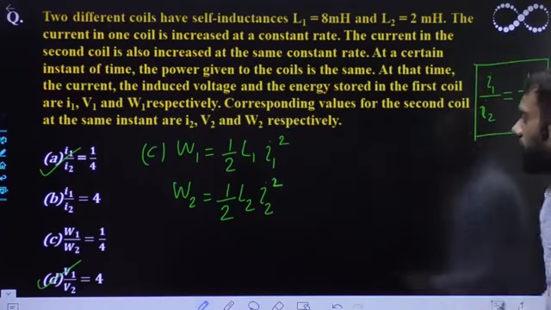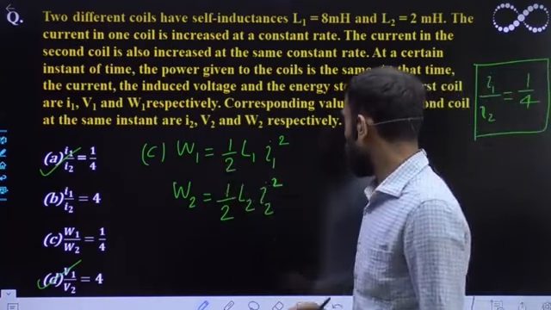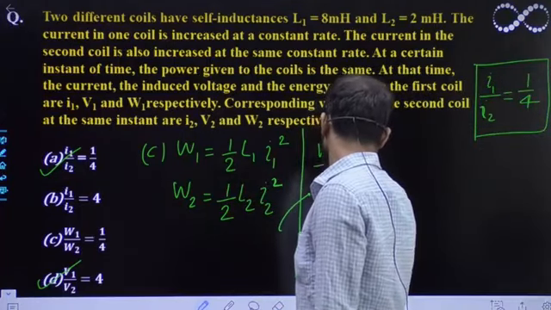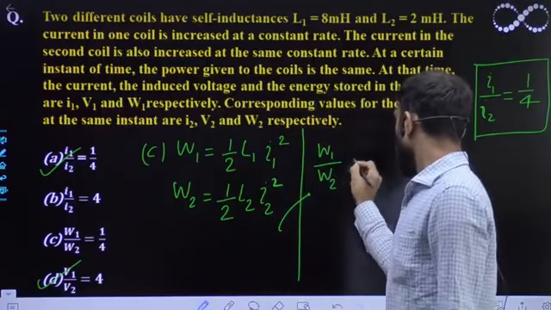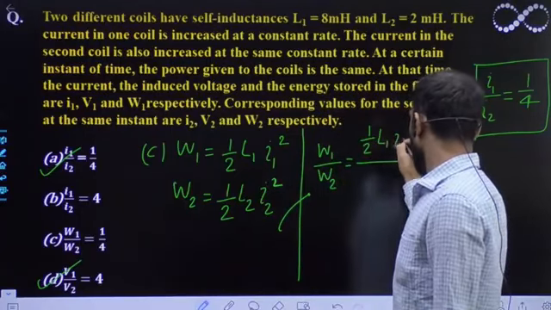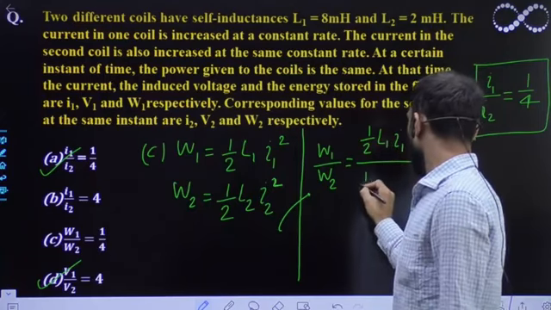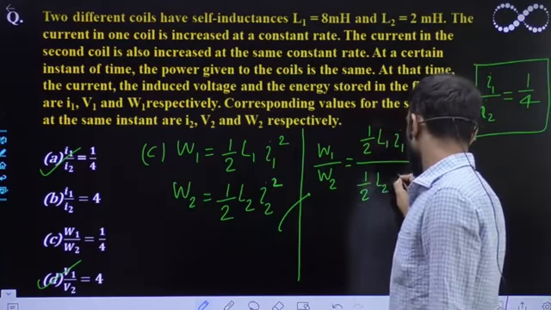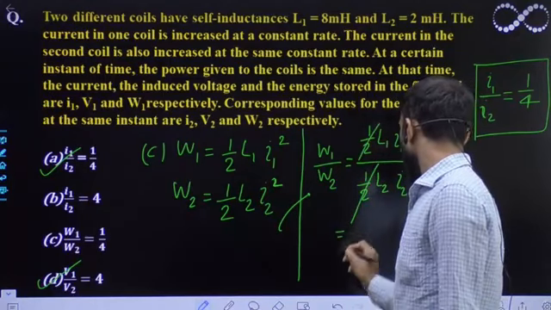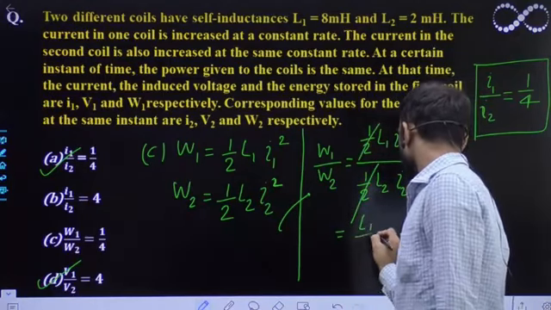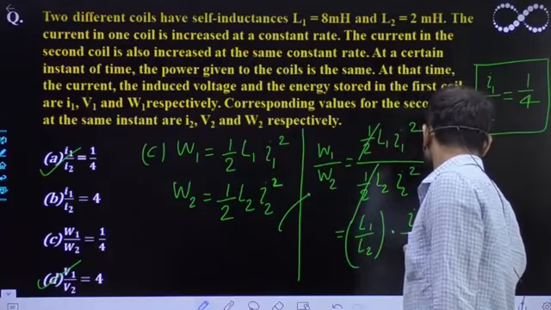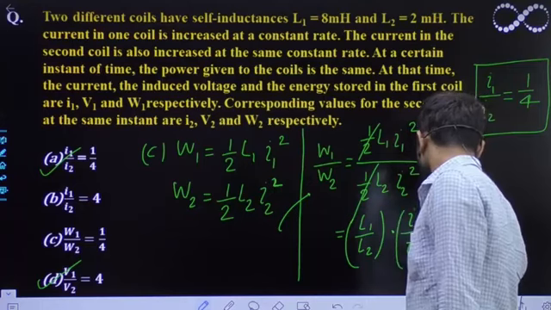This will get utilized here. So let us check W1 upon W2. W1 upon W2 is equal to 1 upon 2 L1 I1 square upon 1 upon 2 L2 I2 square. So this will get cancelled out, and we get L1 upon L2 into I1 upon I2 square.